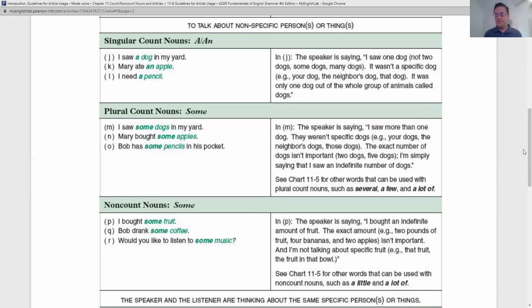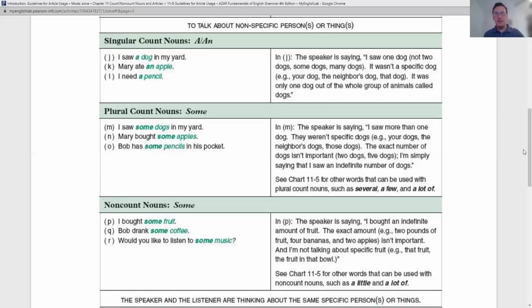Okay? Examples J, K, and L: I saw a dog in my yard. Mary ate an apple. I need a pencil. Again, these are singular count nouns. I mean, I saw one dog in my yard, or Mary ate one apple. I need one pencil.